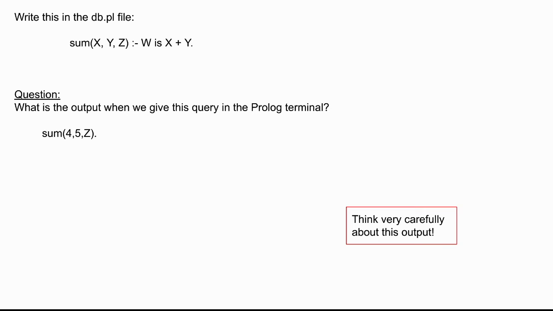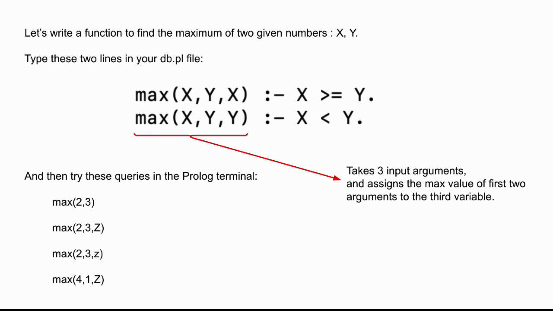After you have run this, please be very careful. Think about the output very carefully, because if you can understand what is going on, you would have understood most of what Prolog programming is all about.